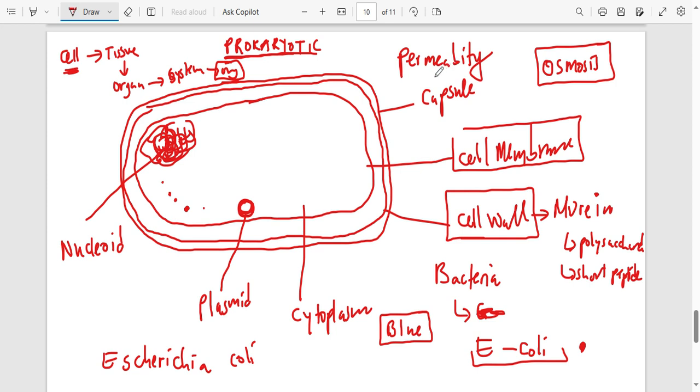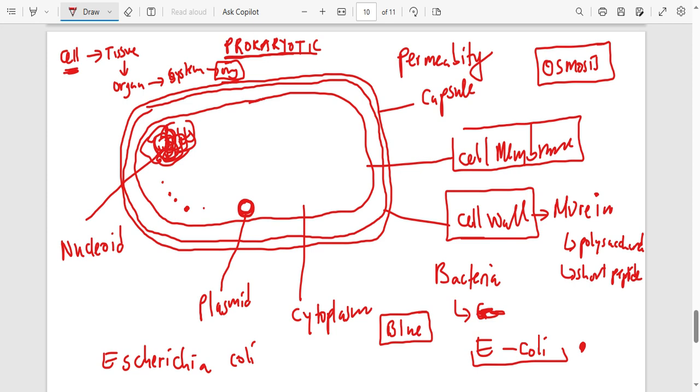It is also known as partially permeable. So in some bacteria, the cell membrane is going to be used for photosynthesis. In photosynthesis, what do you make? You make energy, right? You are using sunlight and water and those things.